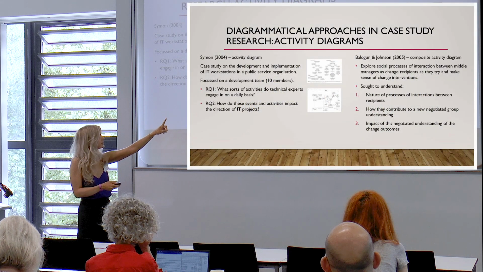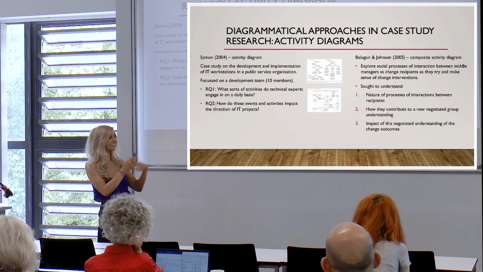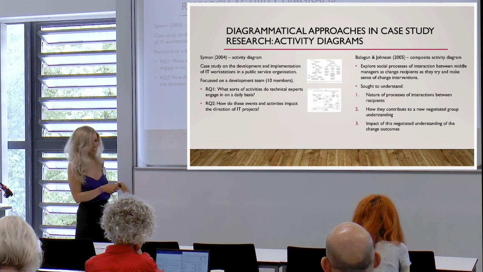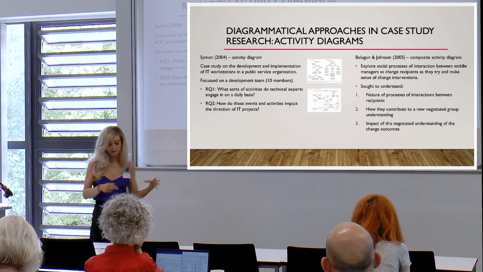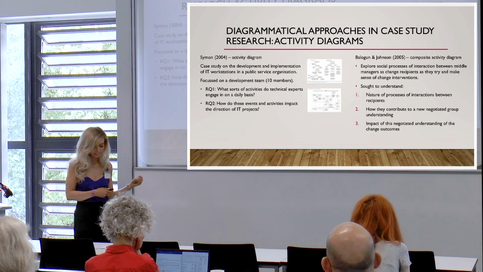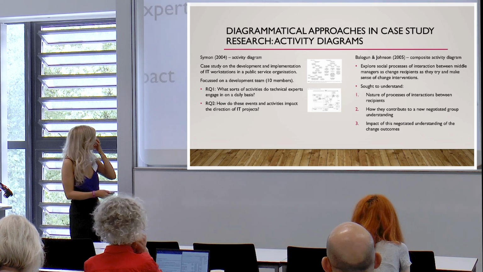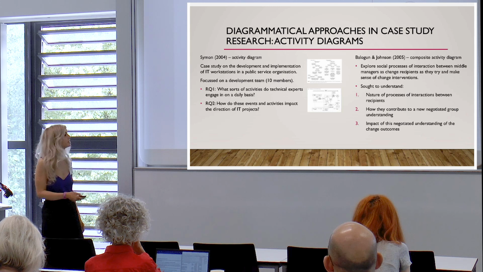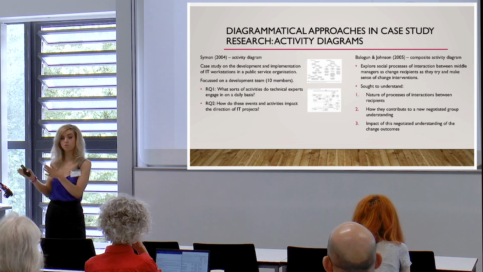Then this one, Balogun and Johnson. Julia Balogun's actually our dean of our management school, so shout out for her work. It's similar to Simon's in that she's looking at events, but she wanted to see how change emerged over time. So we can see that she's got a time axis here, and this is more of a composite, like the composites I created rather than individual events.